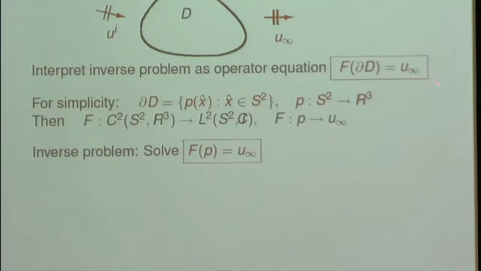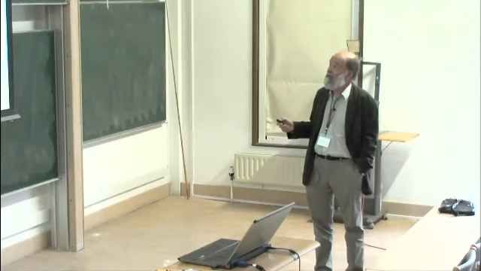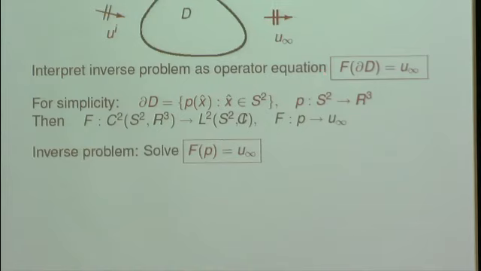The forward problem amounts to: I know the boundary and I have to solve the forward problem to get u infinity. So I have to apply this operator. The inverse problem is: I'm given this far field pattern as measured data and I have to solve this equation.